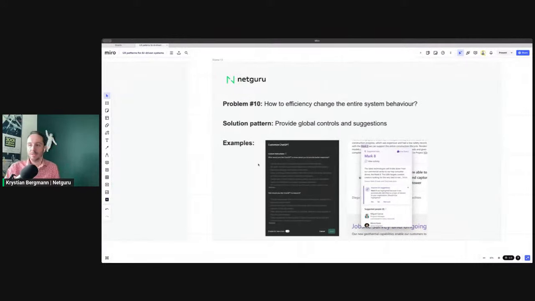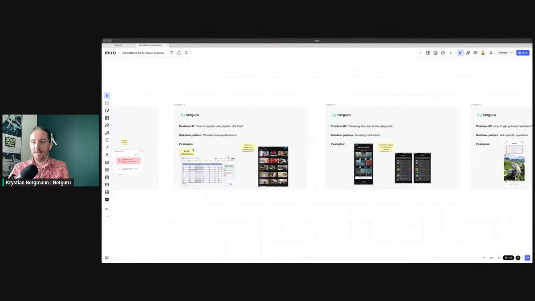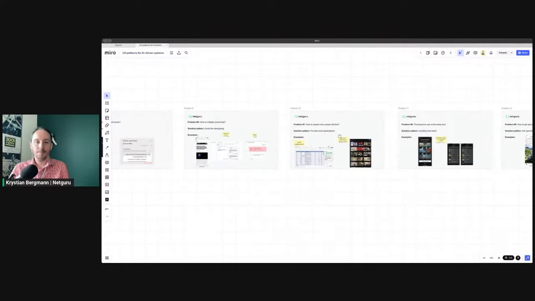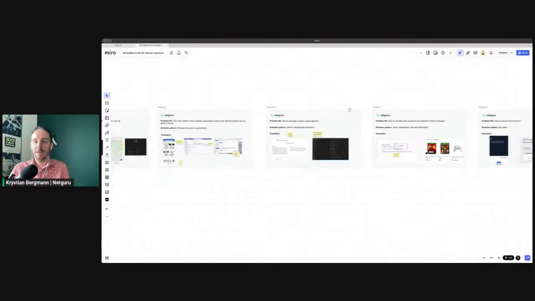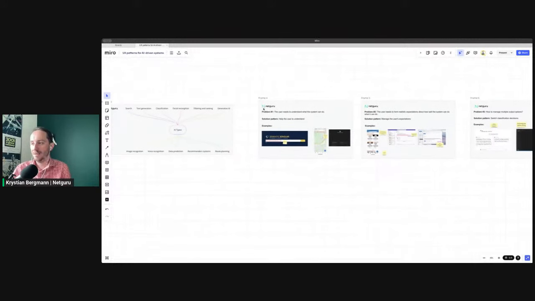Last but not least, at least try to provide some global controls and suggestions. So yeah, these are the 10 biggest, I would say, patterns that are currently in use in user interfaces, in user experience paths.